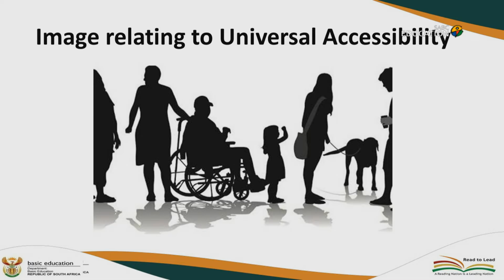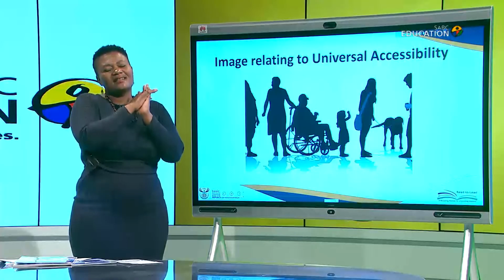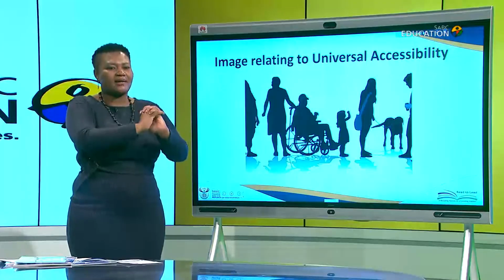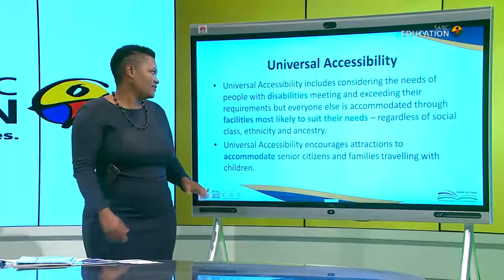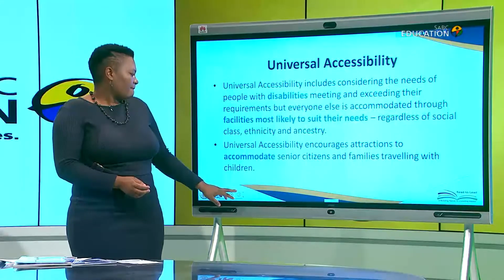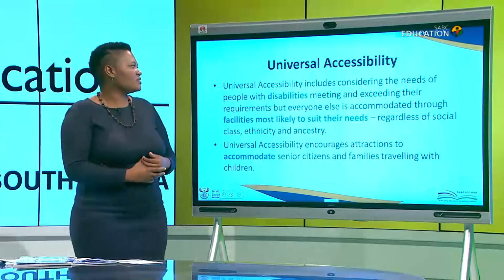So if you want your attraction to be successful, you need to ensure that the attraction is universally accessible to everyone. And then, as I've hammered on, I'm just going to go through this quickly.